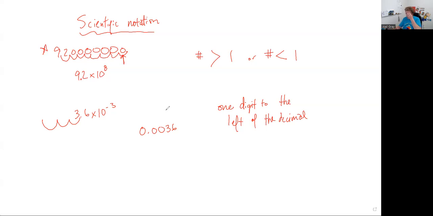Once you start out with that, and then you determine if the number is larger than 1 or less than 1, then you can just count up the number of times that you move the decimal, and there you go. There's your exponent. Is it a negative exponent or a positive exponent? That's going to depend based on the number that you're writing. But that pretty much sums up scientific notation.